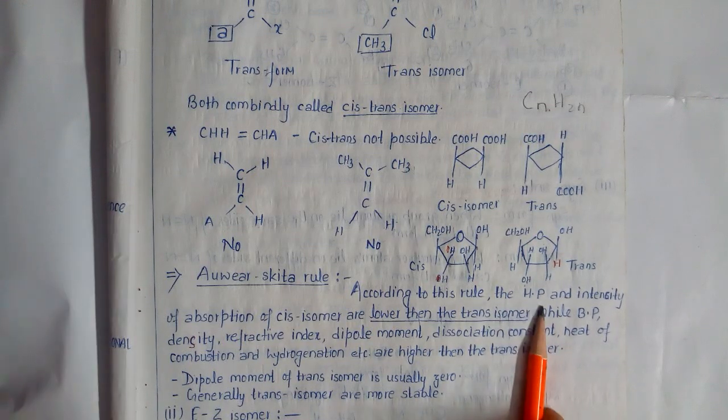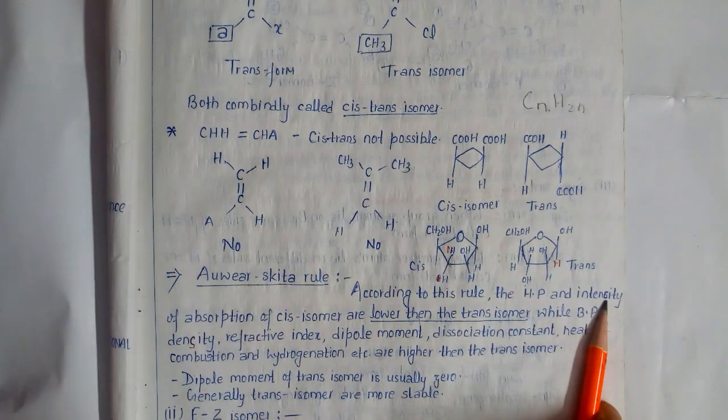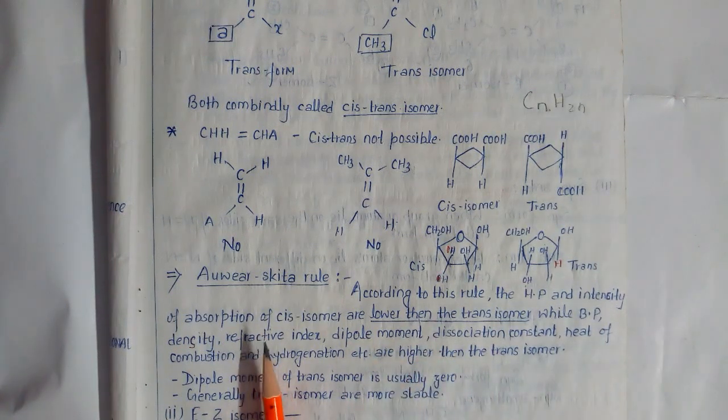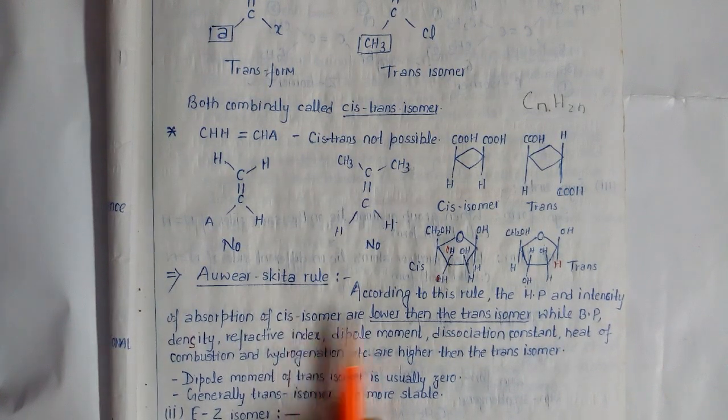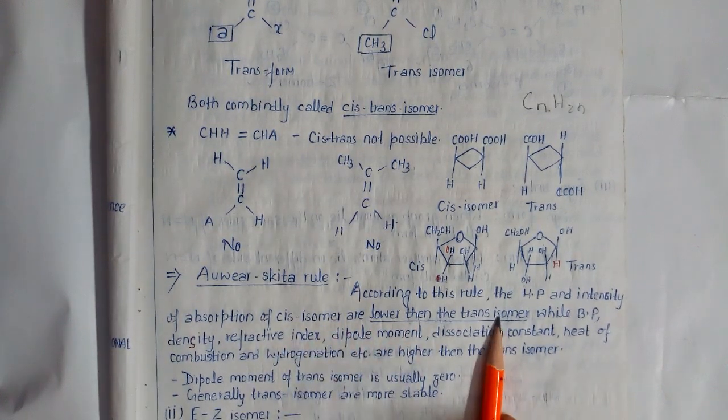Recall, melting point and second, intensity of absorption. These characteristics will be lower in the case of cis isomers. It means they are higher in the case of trans isomers.